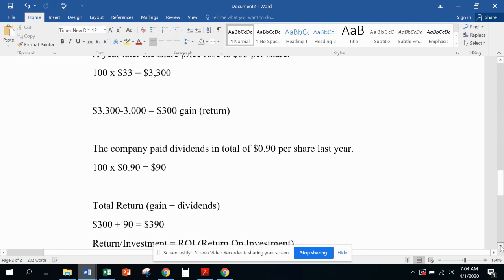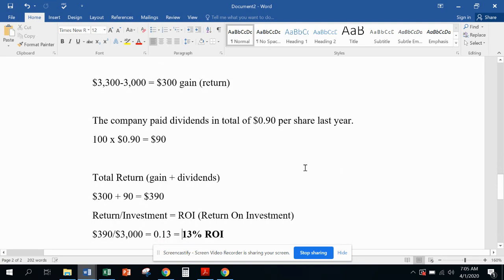Now the total return is going to be our gain, our capital appreciation, plus our dividends. Well, our capital appreciation was $300. The dividends that we took in were $90. So that's a total return for the year of $390.